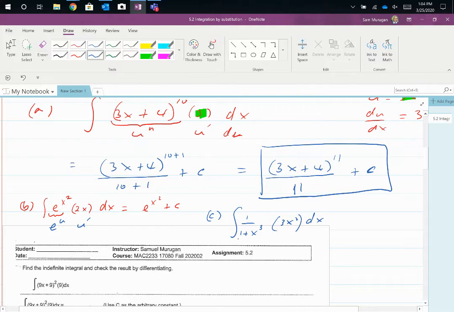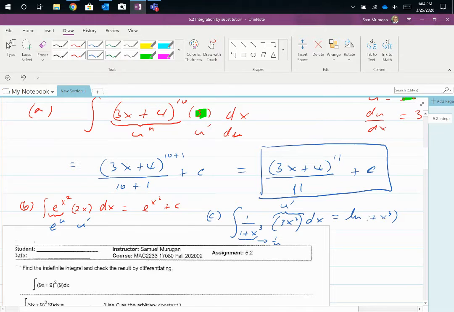So observe that this bottom part is 1 over u, and this part here is u prime, right? The derivative of x cubed is 3x squared. So again, we apply the third rule, and this is the logarithm of 1 plus x cubed plus c.